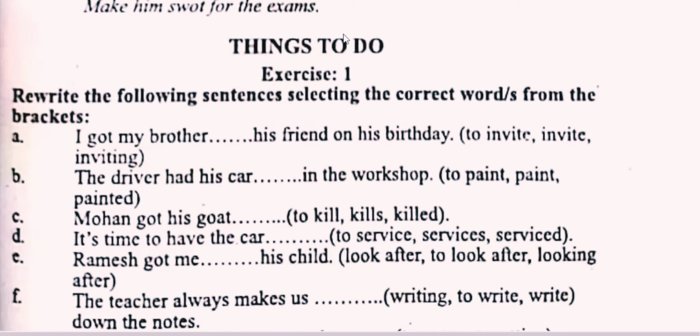My brother is active here; he does something. My brother is the agent. I plus got plus agent is the doer. So my brother is the doer. What does he do? He invites his friend on his birthday. So here it is to invite from the alternatives.